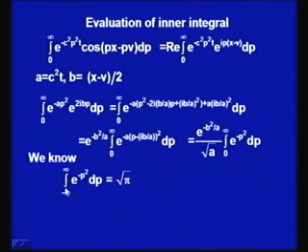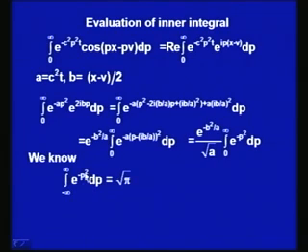We had evaluated it by changing to polar coordinates and writing the multiplication of integrals as a multiple integral. So, if I take the function e to the power minus p square, this function is an even function with respect to p.